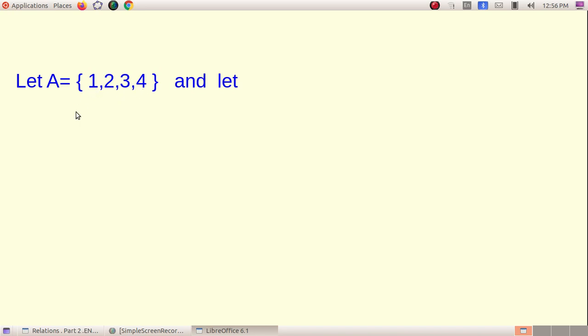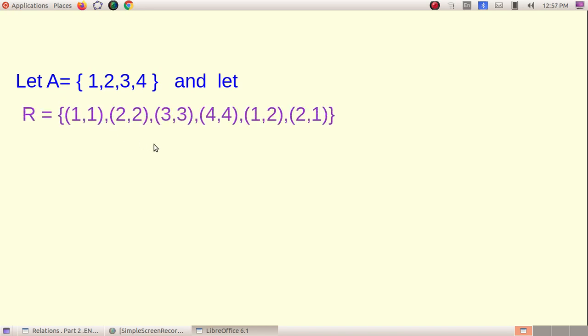I am going to define a relation on this set A. Clearly, R is a subset of A cross A. Hence, it is a relation on A. Observe this relation carefully. The elements of capital R are (1, 1), (2, 2), (3, 3), (4, 4), (1, 2) and (2, 1).